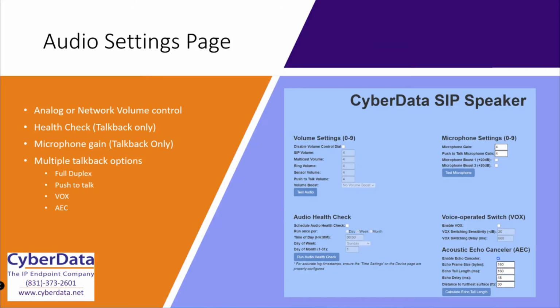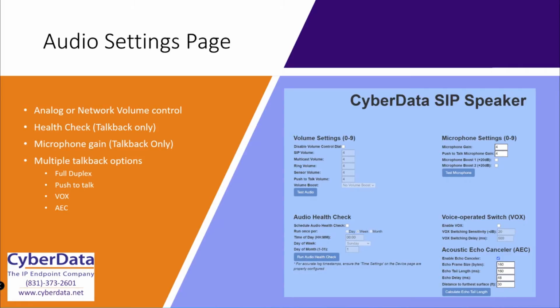Next, we'll move on to the microphone settings up in the top right-hand corner. The microphone settings are very similar in a rating scheme to our standard volume settings, where they use a 0 through 9 scale, 0 meaning off and 9 being extremely sensitive. You can set individual microphone gains for both the standard gain, which would just be used in a regular audio configuration, or a push-to-talk option.